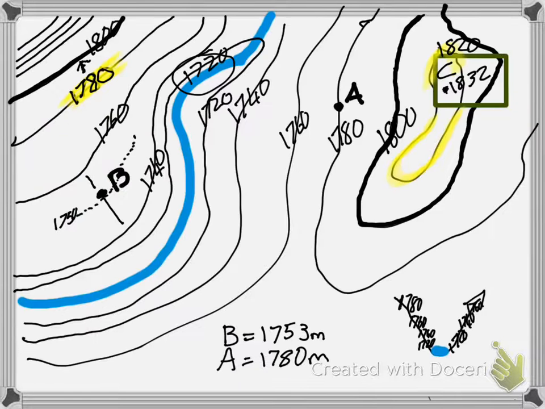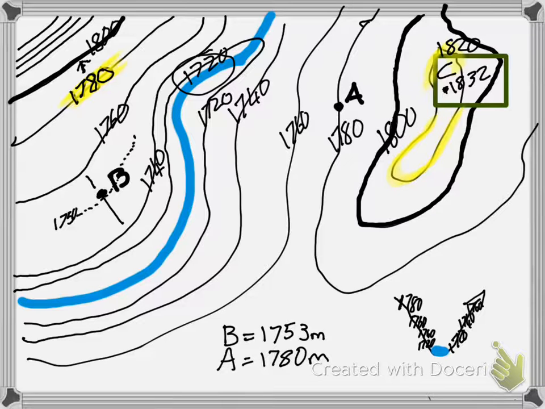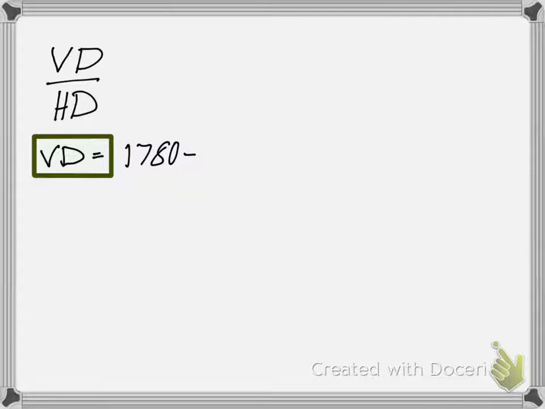Now VD, we can calculate. VD is the vertical distance, so that means the difference in height between the two spots. Okay, so let's just go back. What are our two heights? 1780, so let's write that down. Minus, because we're looking for the difference between them, 1753.